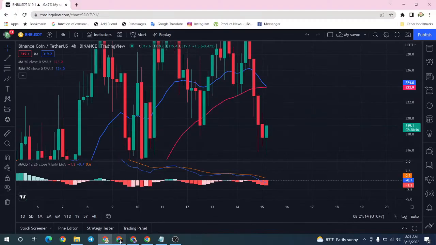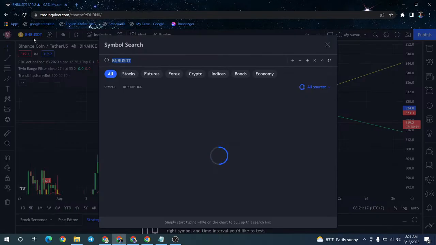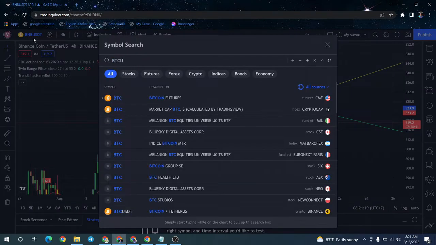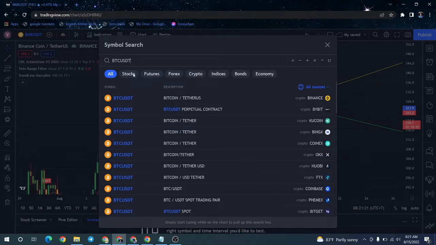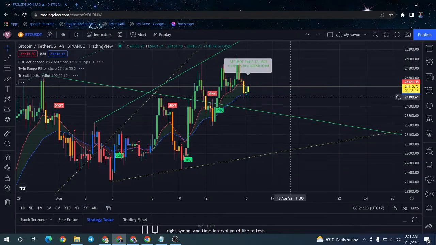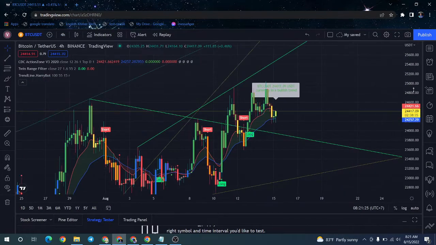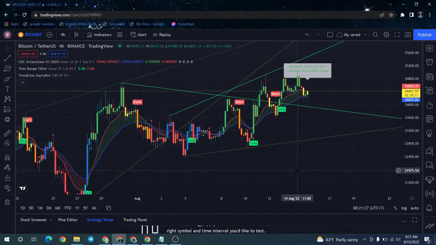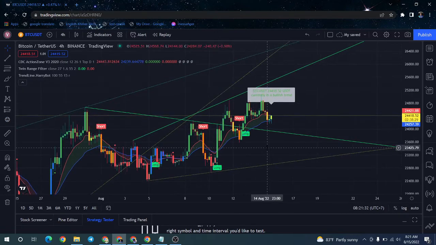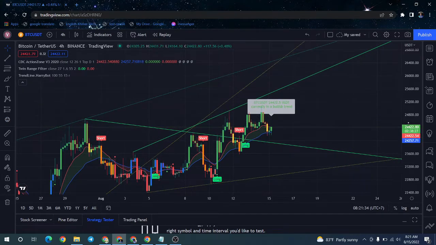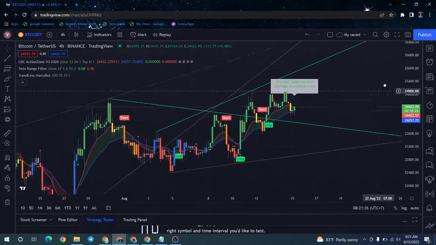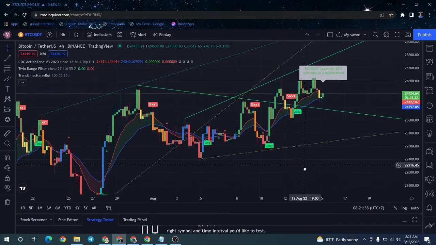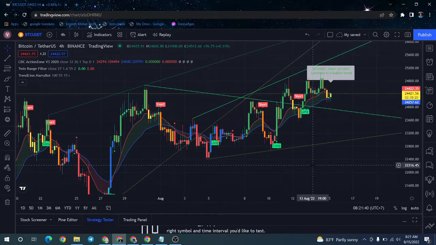Okay, look at Bitcoin. What will we draw first? Okay, we draw like this first. Okay, so yesterday it broke the resistance here.